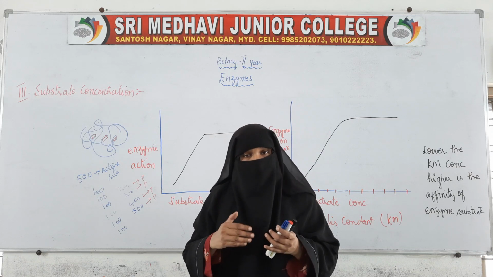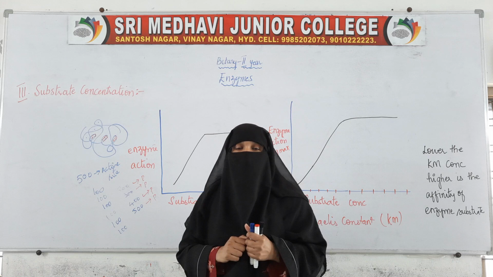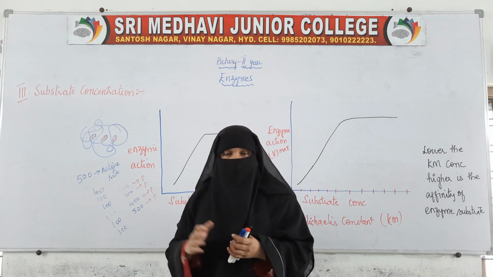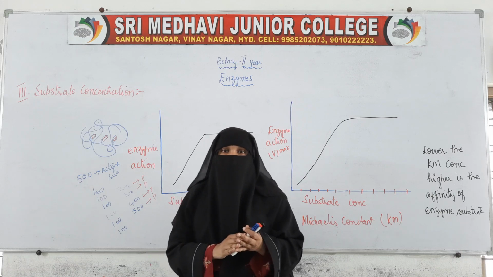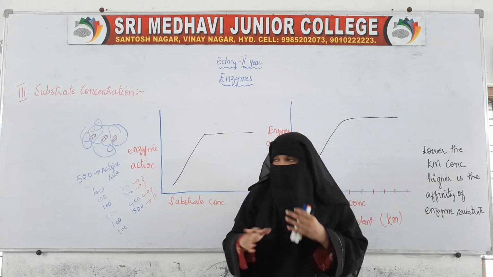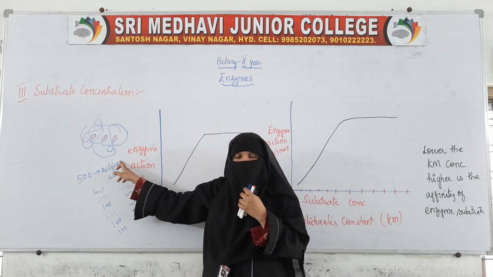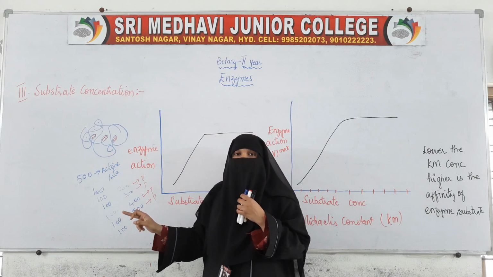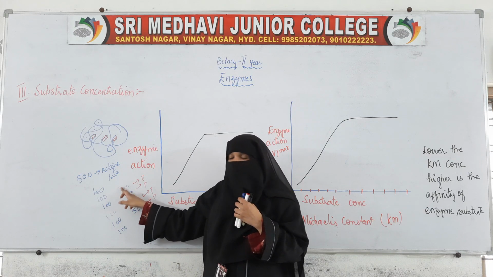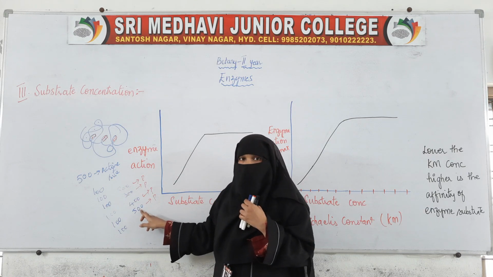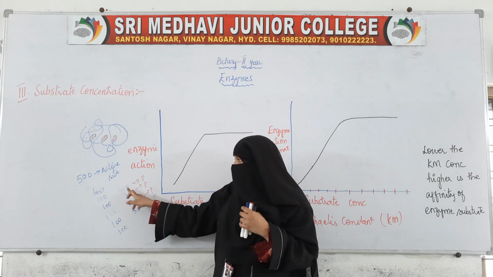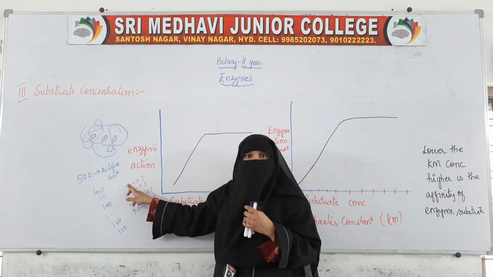Why? Because active sites are not present. Whatever active sites are there have already been occupied. Once those active sites are emptied after the formation of the product, then again the substrate will go and fix. Till this 500, these are occupied and they have made the product.